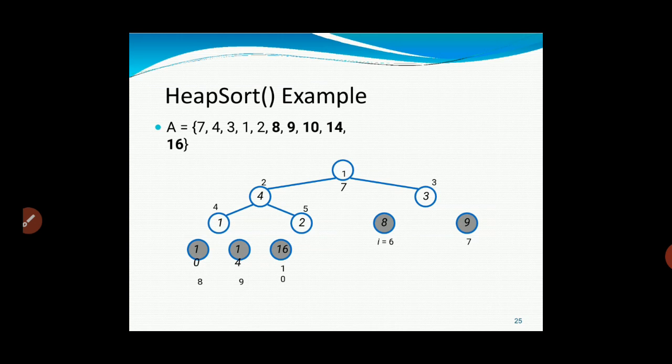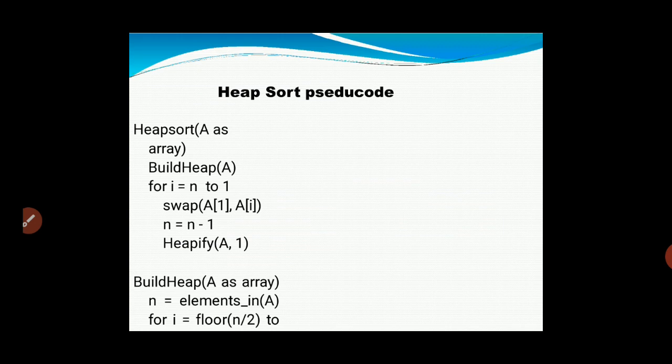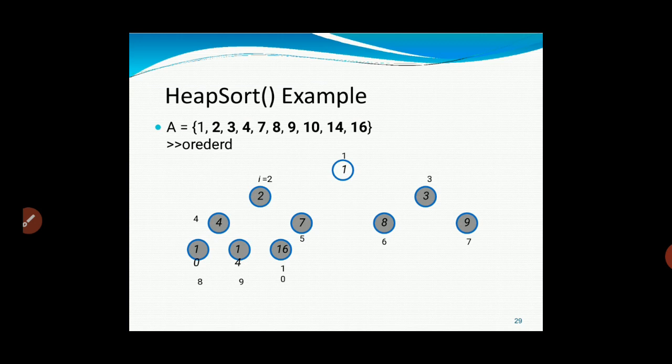We extract our root, and the last index value is set as the root, and then max heapified, and after max heapifying we find the new heap tree, and then follow the same rule, and after 8 the 7 follows here, and after 7 we will find 4, and after 4 we will find 3, and then 2, and then 1, and this is the max heap procedure, how to extract from the max heapify.